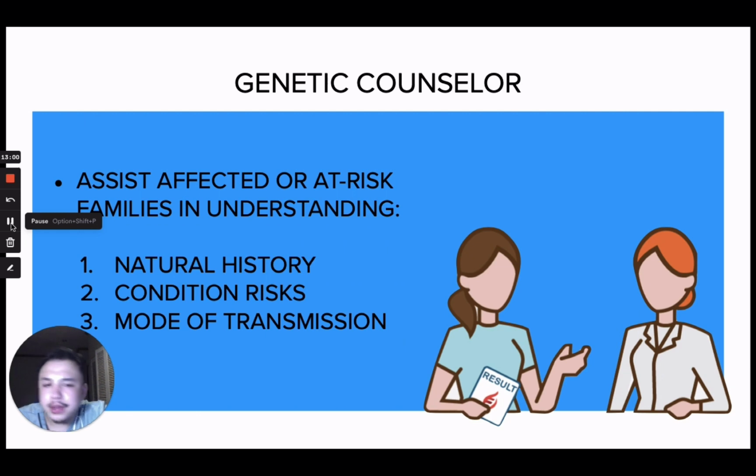Now that we are done talking about the things that a speech and language therapist may do, let's look at the different professionals who may help in the management for individuals with Down syndrome. Another professional would be the genetic counselor, and these genetic counselors assist the affected or at-risk families in understanding the natural history, condition risks, and the mode of transmission for different genetic conditions that may arise within families.